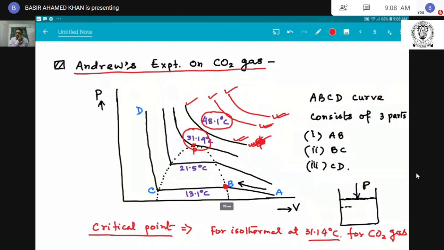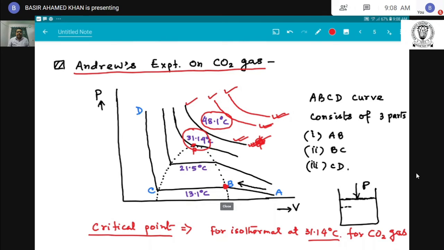But at the point P, if I increase the pressure, the vapor specific volume before condensation is the same as that of the liquid just after condensation. This is the special character of this particular point.